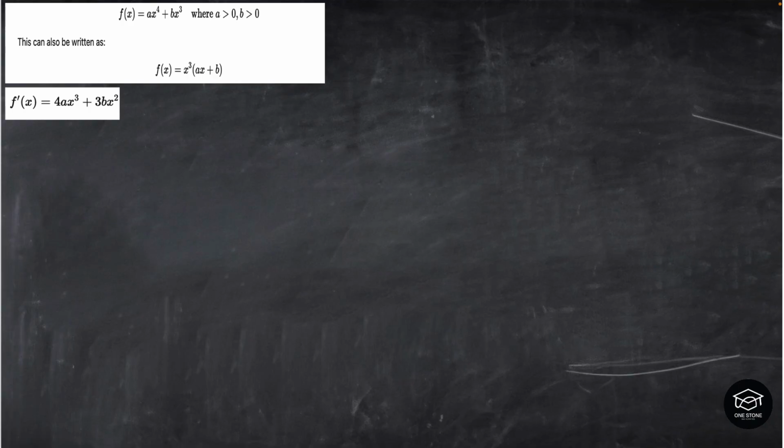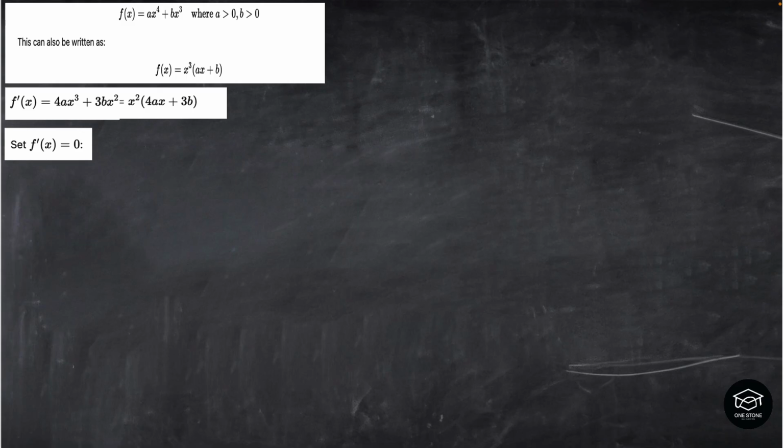We can factor this as x squared times the quantity 4ax plus 3b. Now we set f prime equal to 0. That gives us two critical points, x equals 0 and x equals negative 3b over 4a.